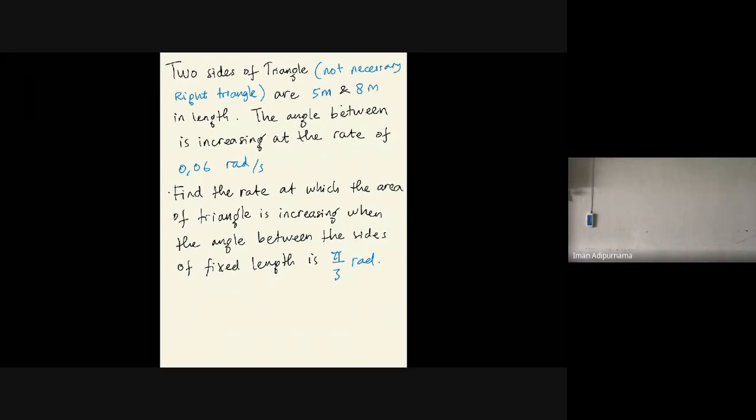It's asking when theta is pi over 3 radian. The triangle is not necessarily a right triangle, meaning it's not a 90-degree triangle, so you need to find a formula for the triangle.